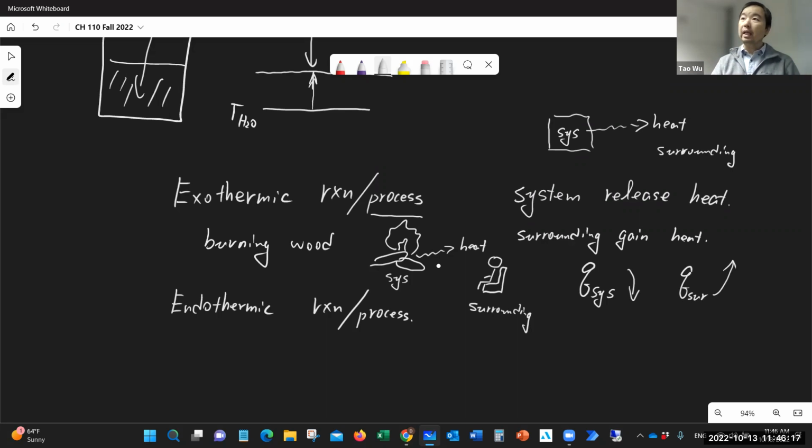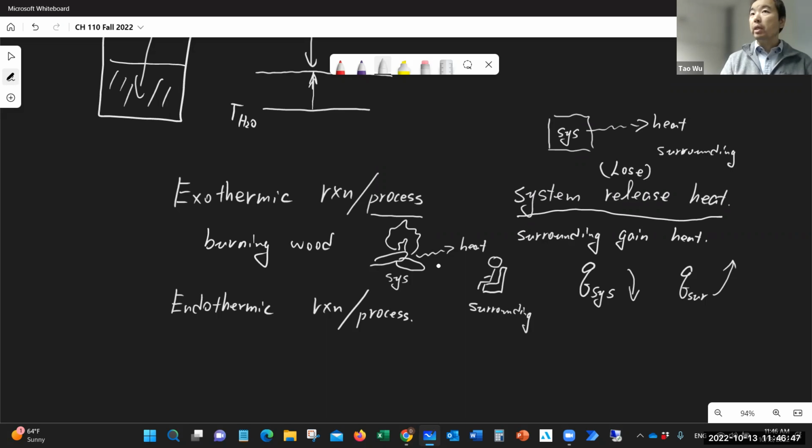One is losing the heat, the other one must gain. This is called exothermic, which means the system is releasing heat and the system will lose the heat. System releasing or losing heat is generally talking about the same thing. This is called an exothermic reaction.